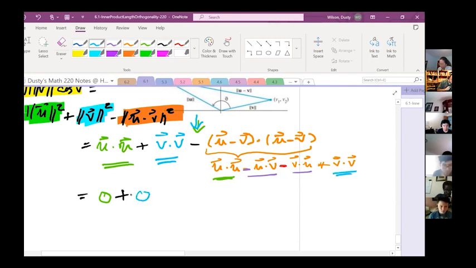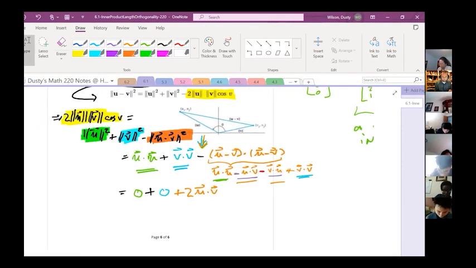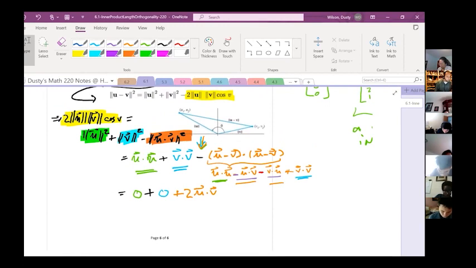So that's also going to be a 0. And then I have a minus, and then I've got 2 of those u dot v. So this will be plus 2 u dot v. And I think that's the 2 that Gerline pointed out, and I think this is the 2 that she was thinking I was missing.